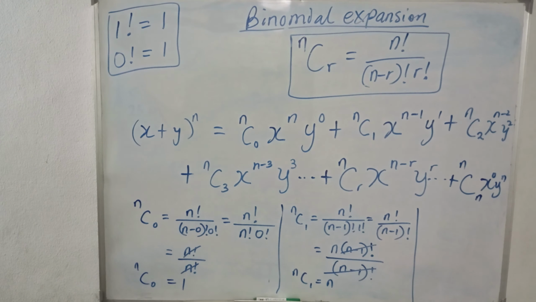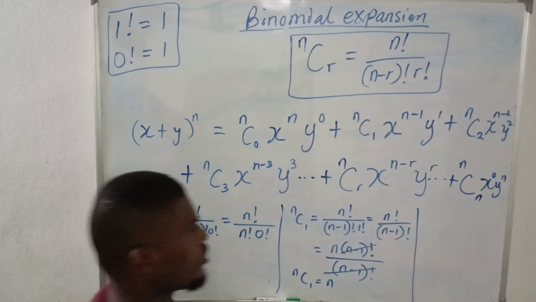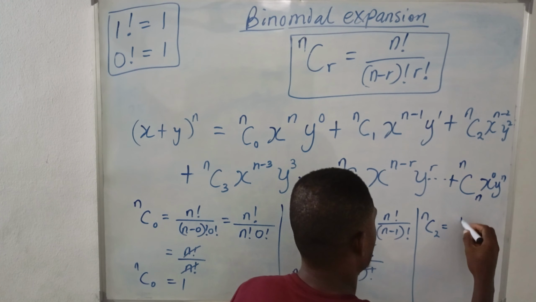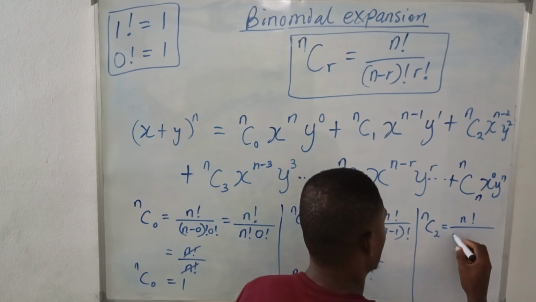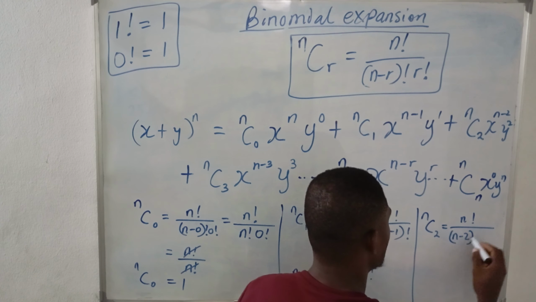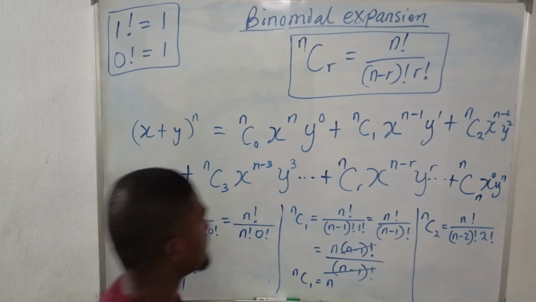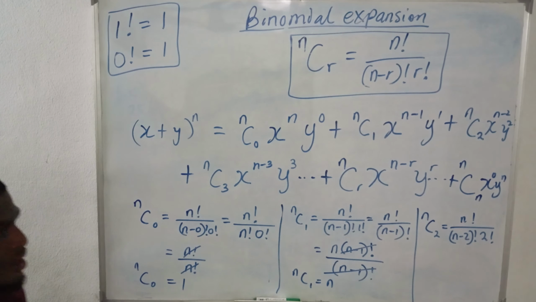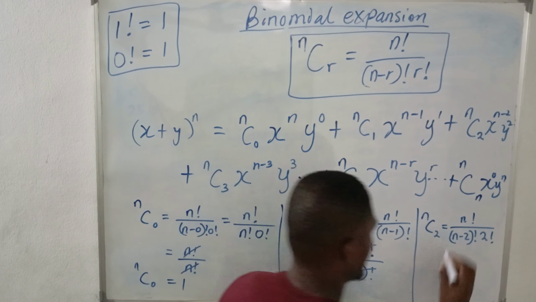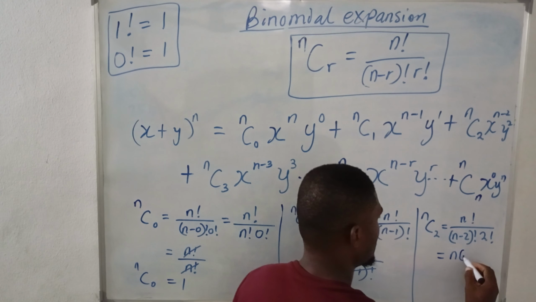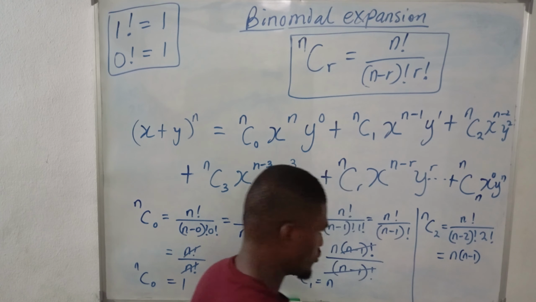Then we can continue now with n combination 2. So we have n combination 2, and this should be n factorial all over n minus 2 factorial 2 factorial. So in this case, we're going to start with n, and n factorial is the same thing as saying n into n minus 1. I'm not going to stop there.